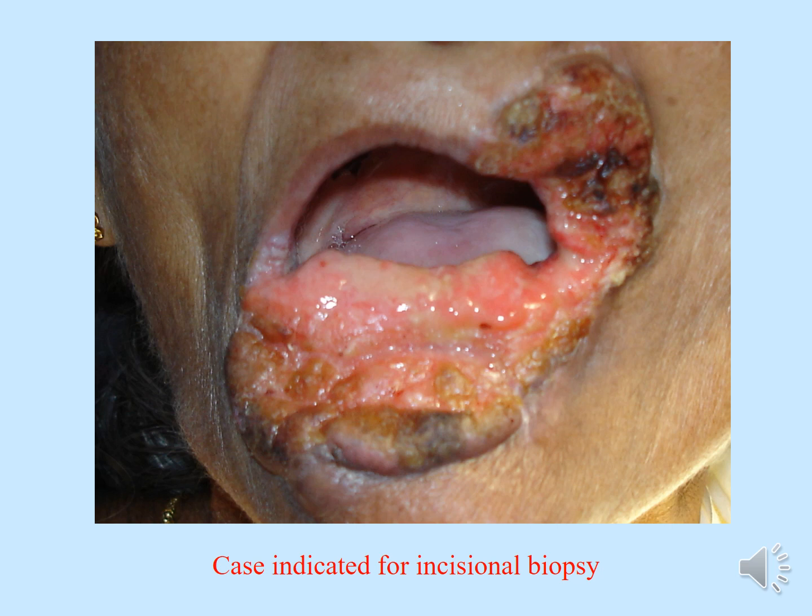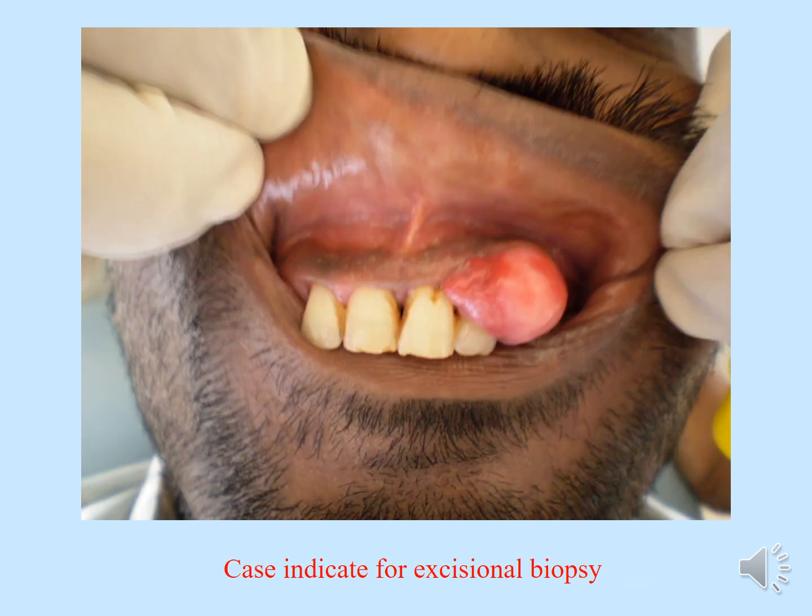To confirm the diagnosis here, we would have to take a small piece of tissue, and you probably would take it from multiple sites to be able to confirm it. When you take a small piece of tissue from a large lesion, it clearly becomes a case where you do an incisional biopsy. This is a clear indication for incisional biopsy.